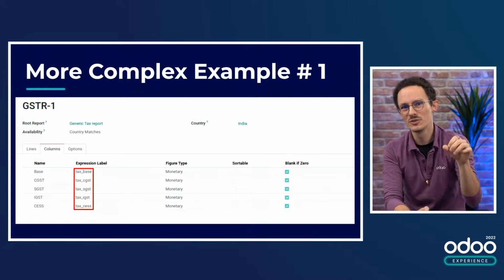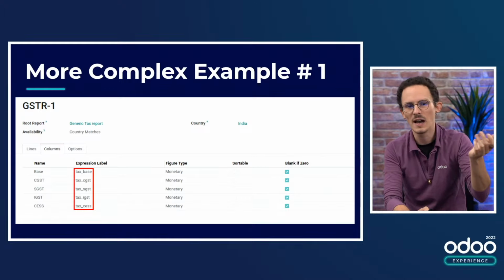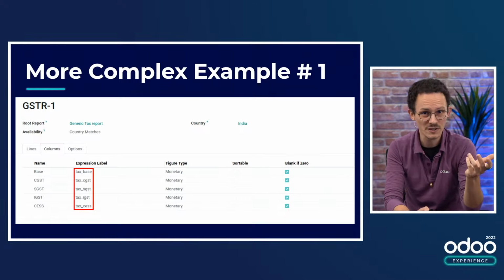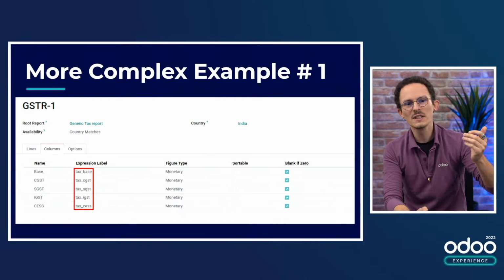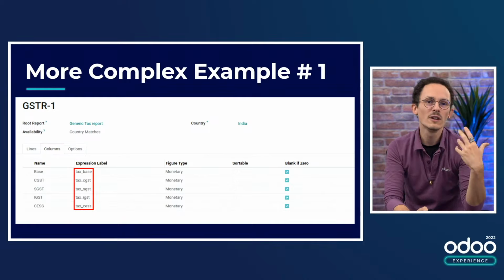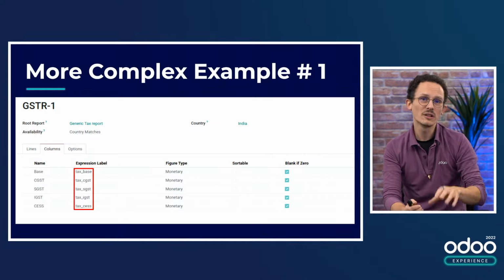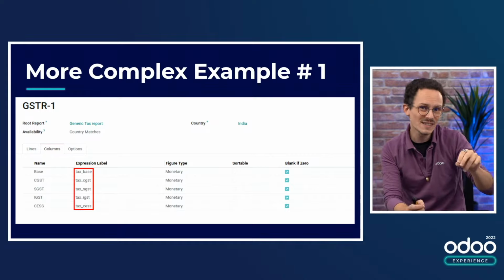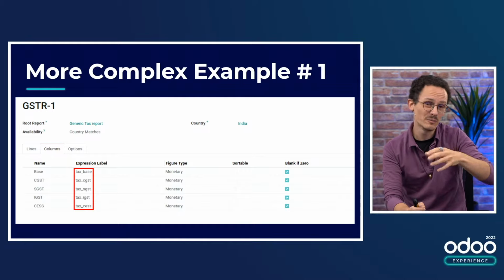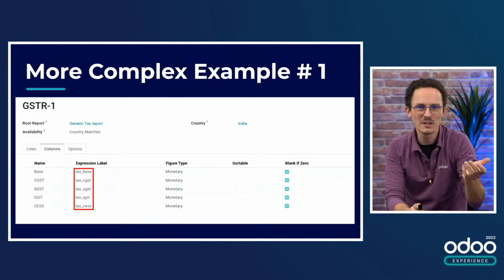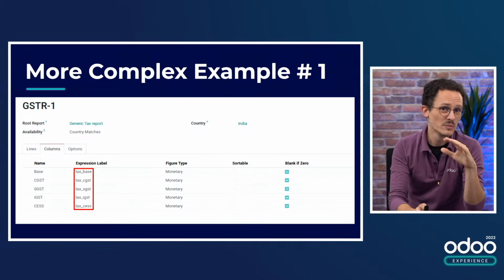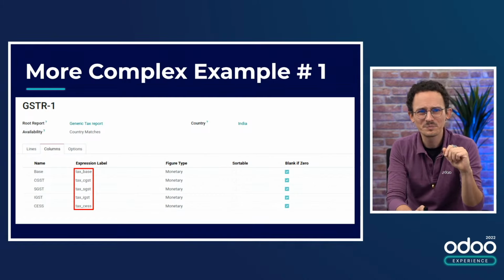So this is the form view of the report, and you have a tab with all the columns that are defined for this report. And the columns each time give the expression label of the expression that they are going to use. So that means that the column is going to call the variable with this name and take its value and put it, when displaying the column, in the right cell. So super easy, super simple.